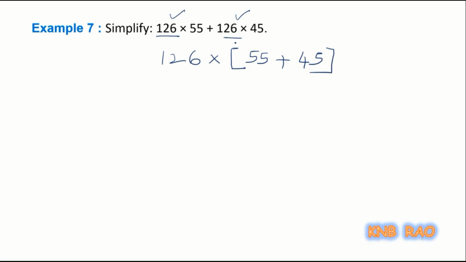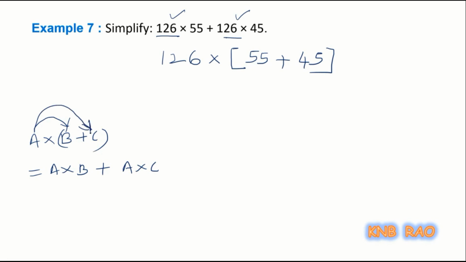So what I am doing actually, I am doing reverse. I learnt A into B plus C as A into B plus A into C. I learnt distribution of product of A over the sum of B and C as A multiplying to B plus A multiplying to C. Now whereas reverse I am going, instead of coming this way, I am going this way.